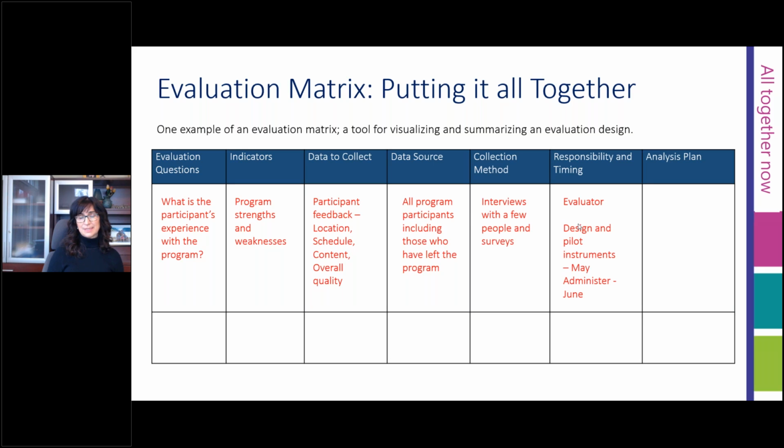Who is responsible? This is the big one. So we've got program strengths and weaknesses, collected by location, schedule, content, and overall quality. That's the stuff we're going to collect. Our sources are going to be participants, including those who have left the program. We'll interview people, and then who's responsible.